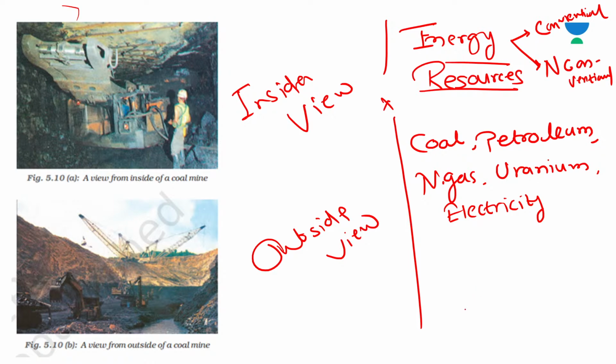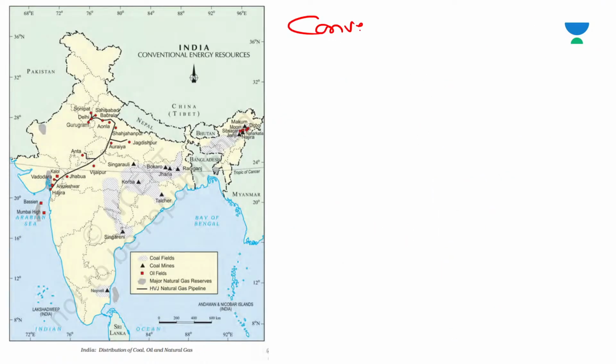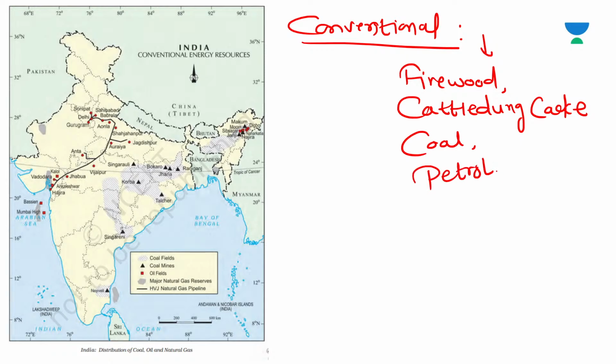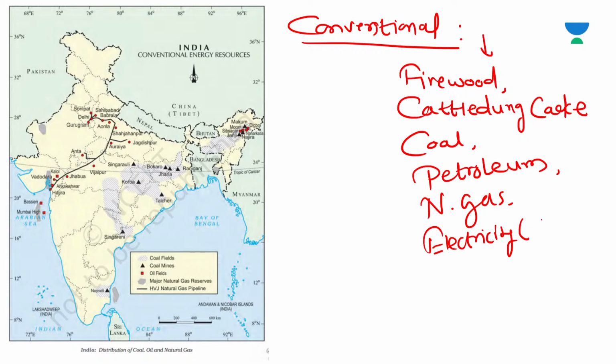Conventional sources include firewood, cattle dung cake, then coal, petroleum, natural gas, and electricity, which includes hydel and thermal.